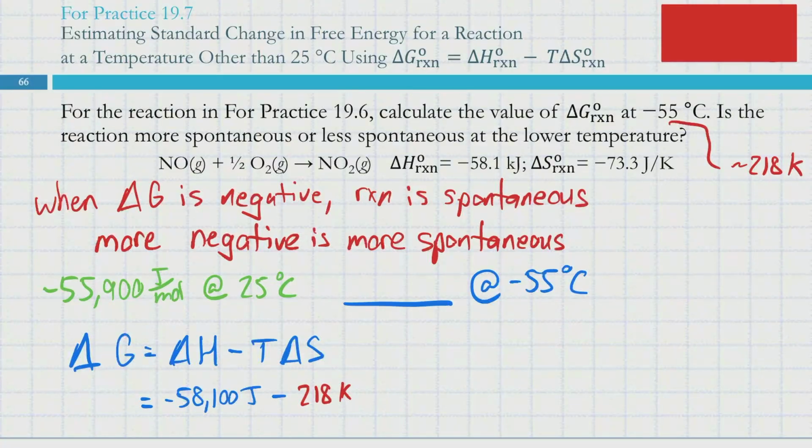And our standard change in entropy is still negative 73.3 joules per mole Kelvin. We're leaving off the moles for this one, I guess.